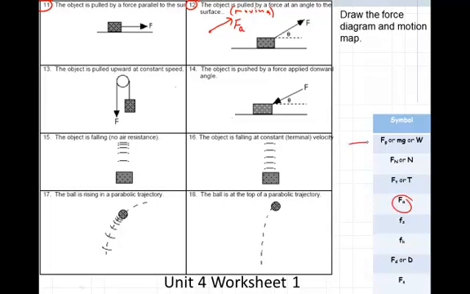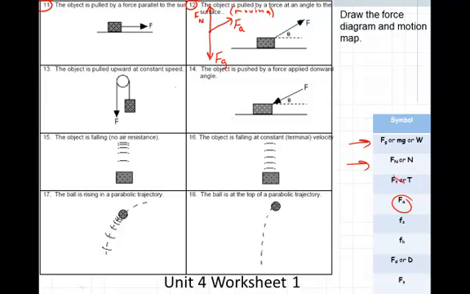Is there weight? Yes, there is. There's a force due to gravity pointing downward. Is there a normal force? It's in contact with a surface, so yes, and this is perpendicular to the surface, a normal force like that. Is there tension?